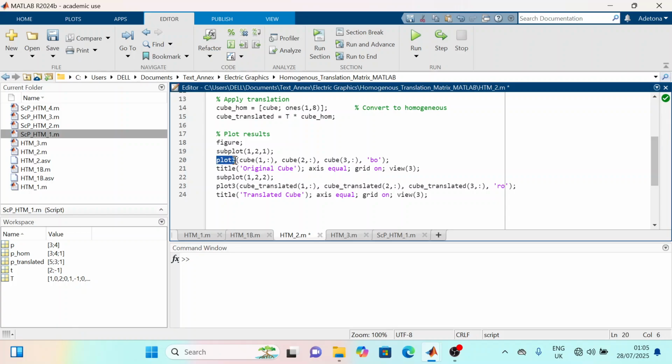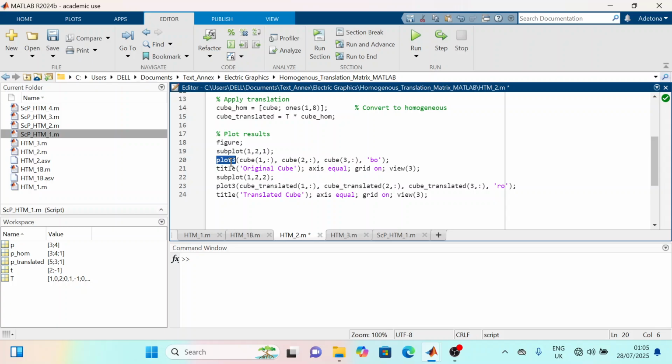Since we are carrying out a 3-dimensional plot, you need to tell the MATLAB compiler that I'm interested in 3D, and that's what this one is all about. But for 2D, you don't need to put anything in that particular area.